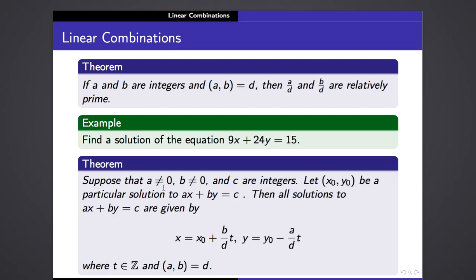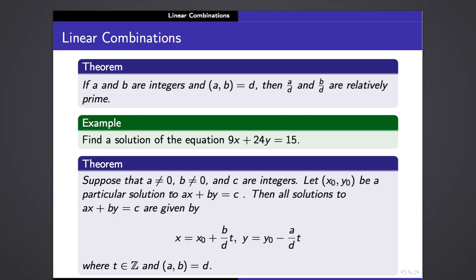Suppose that a and b are non-zero integers and c is an integer, and let x naught and y naught be a particular solution to ax plus by equals c. Here, particular just means a solution.